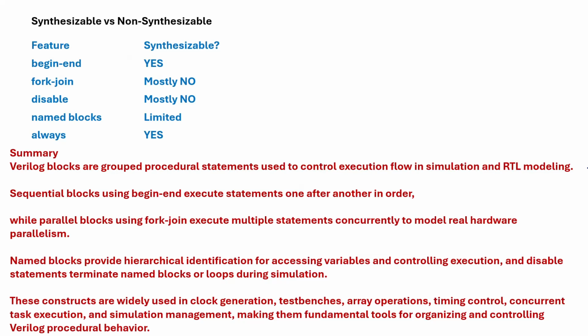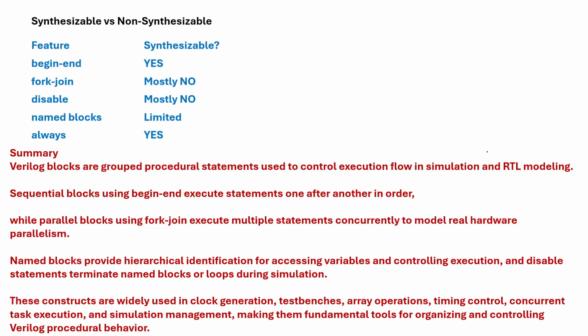What is synthesizable and what is not synthesizable? Begin end, we always use in design side, and it is synthesizable. Fork join, most of the time it's not synthesizable, because we use it in the testbench side, when multiple statements I want to execute, then go for fork join.